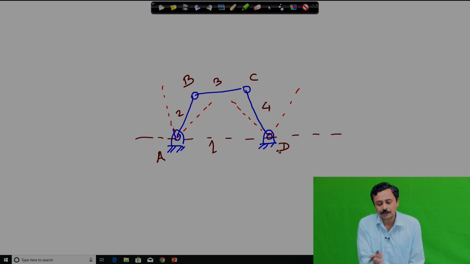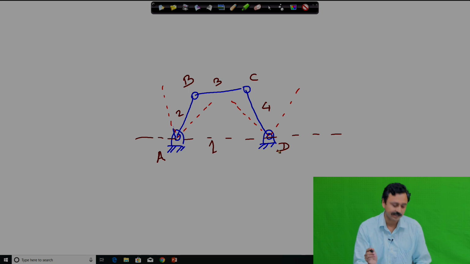And definitely AB and CD are restricted in their movement. So, they are rockers and they are not crossing the line of frame. So, this is definitely a Grashof chain. Now, if it is a Grashof chain, then there must be a link that is rotating completely. So, the only possibility is BC, right. BC is the shortest link and therefore, it must satisfy the Grashof criterion.